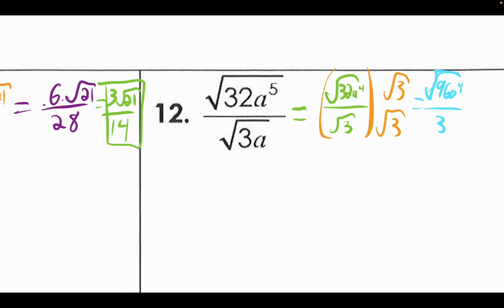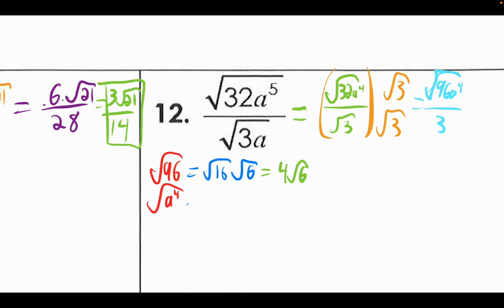And now we want to simplify the square root of 96 a to the fourth. So the square root of 96 and the square root of a to the fourth. The square root of 96 would be the square root of 16 and the square root of 6, which is 4 times the square root of 6.